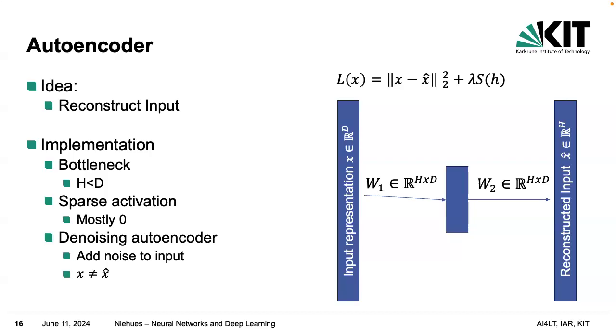Or if there's one word missing, you can often estimate a good probability of what is a good word, but you have to really understand the sentence, know a lot about it in order to do this type of thing. So these are all ways where you try to reconstruct your input again, and have a representation in between, which is good.